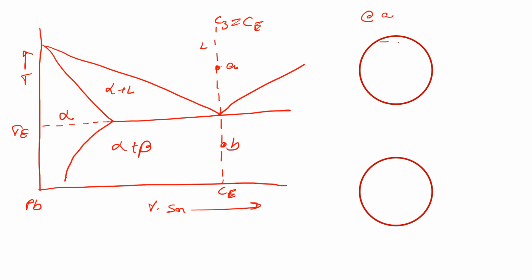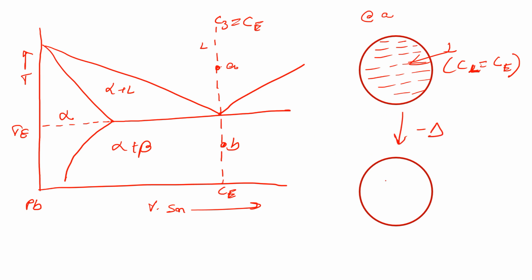At point A, of course, since we have 100% liquid of homogeneous composition, Cl is equal to CE, the eutectic composition, right? And as we cross upon cooling, at point B we will have very nicely layered precipitates.